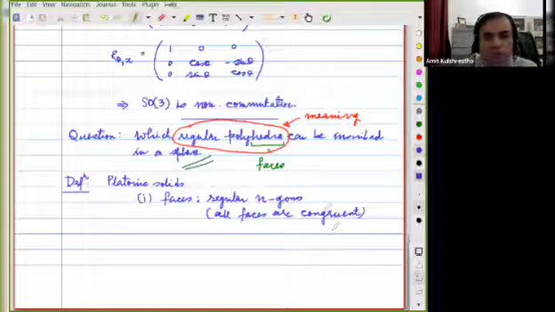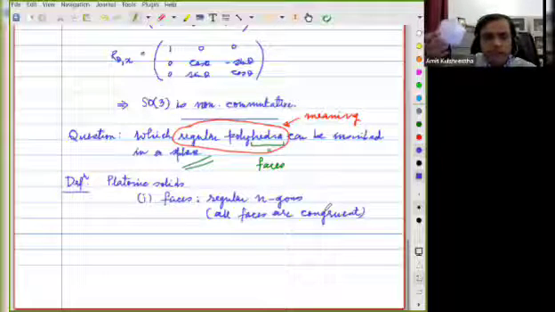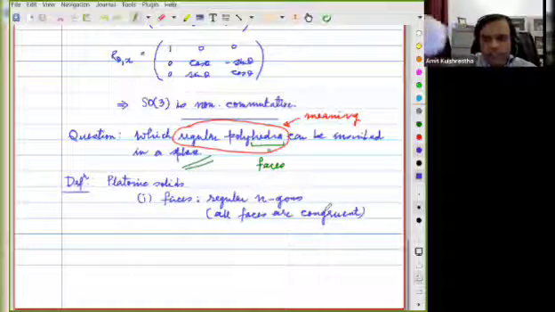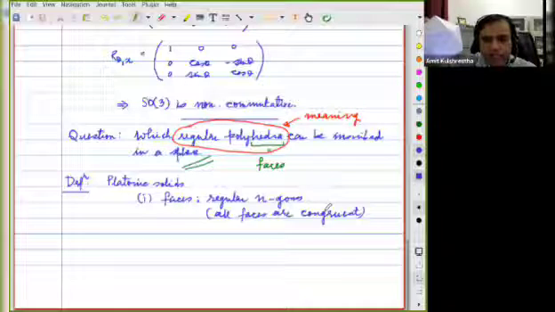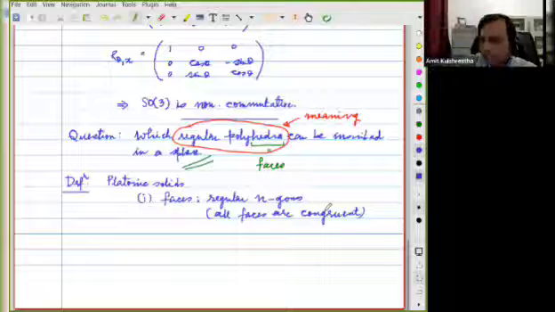Any of these things which I took, everything is a regular 3-gon in this case because I am taking a triangle. So all faces are congruent triangles here.